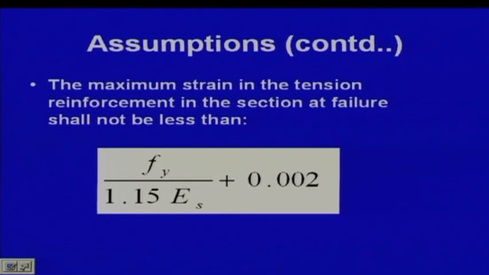So, for different grades of steel we shall get different limiting strain. We have three types of steel, Fe 250, Fe 415 and Fe 500. Most of the cases we use Fe 415, and mild steel we use Fe 250.